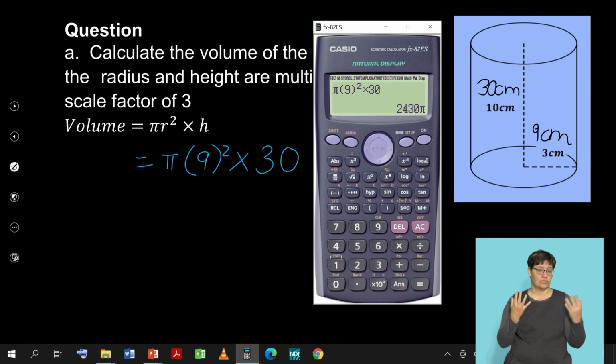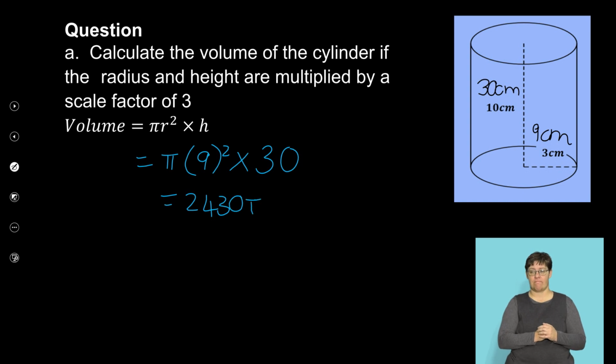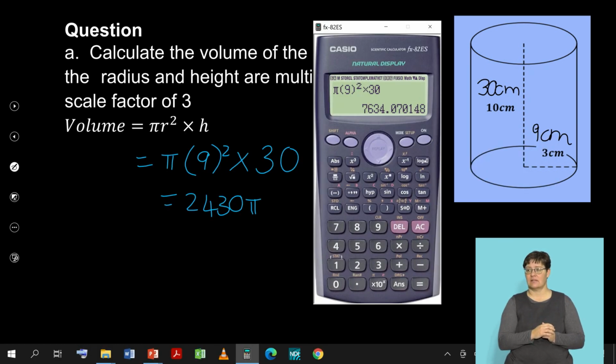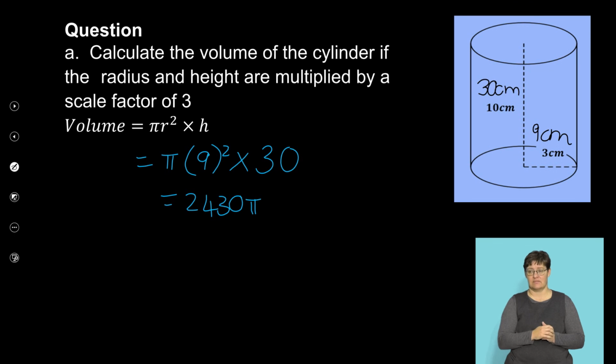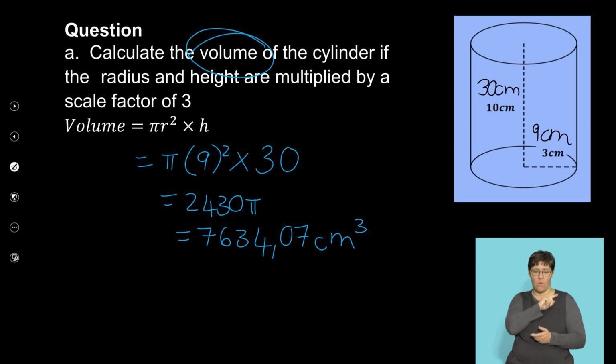And this is going to give me 2430 pi. And if I want to simplify this to the second decimal place, I'm going to press my SD button, and it's going to give me 7634,07. And this is going to be centimeters cubed because it is a volume. Great, let's go on to the next part of the example.